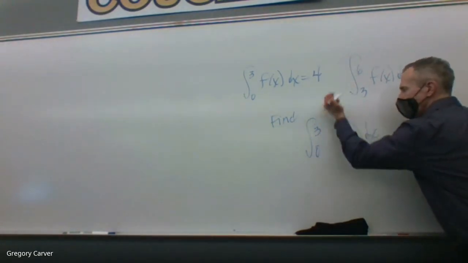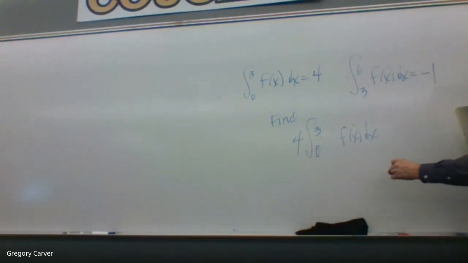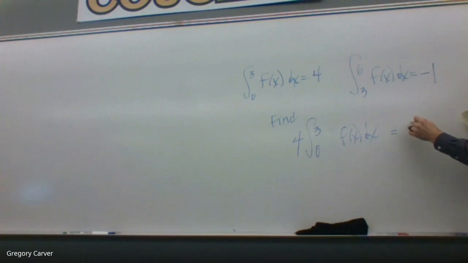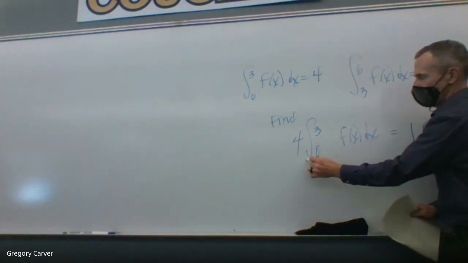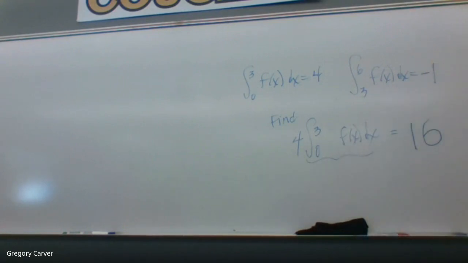I think it's 16. Here's why. If you go from 0 to 3 of f of x dx, this part right here is 4, right? And that constant just goes through, just like we've always been doing when we anti-derive, we pull constant multiples through. It's 4 times the value of the area from 0 to 3. It's 16.